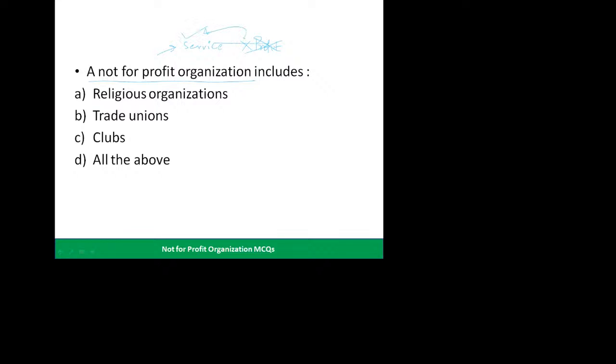Now, try to understand: what are the organizations which mainly deal with the service motive? The religious organizations, trade unions, clubs.